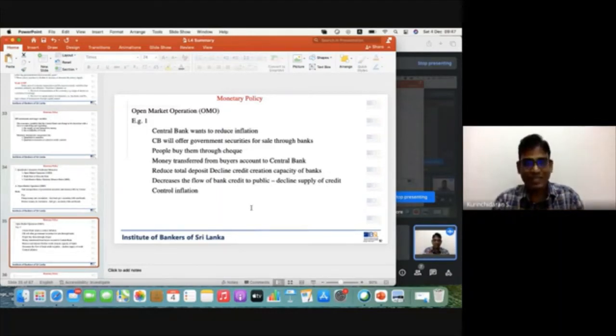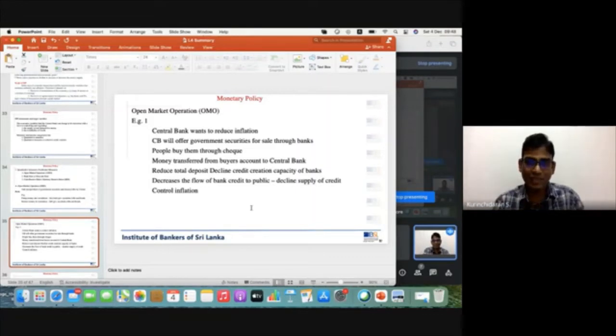The central bank will, let's assume, debit the loan account and credit the commercial bank's reserve account. That's it. The money supply increases because now you have more reserves. Just an entry can increase the money supply.